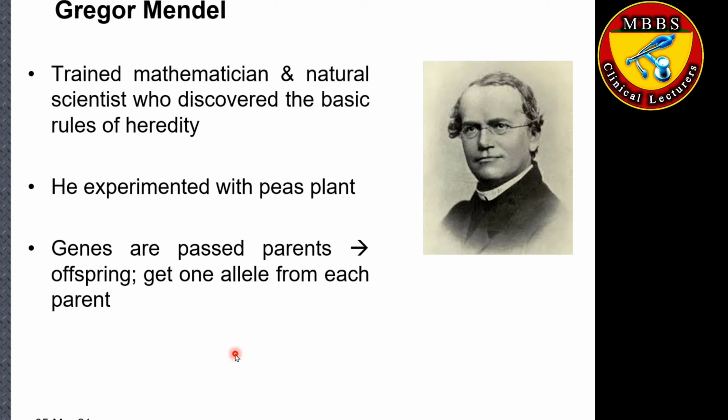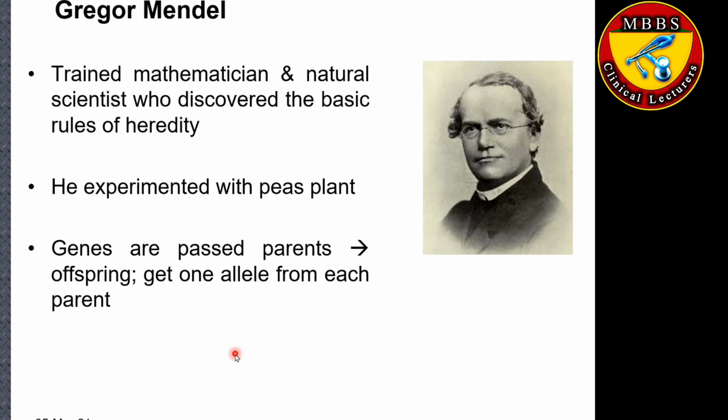He worked on multiple traits, the multiple characters of the peas, like the seeds, the flowers and different flower combinations, the shape of the seeds, the pod color, the pod shape, and so on. He kept on working for decades and finally became the pioneer in the field of genetics, where he showed that genes are passed from parents to offspring and we get one allele from each parent.